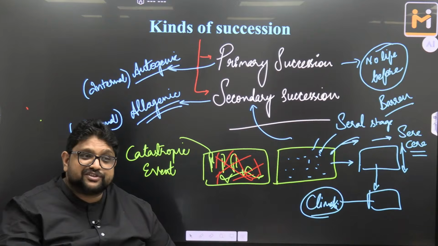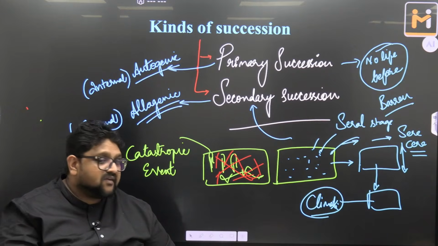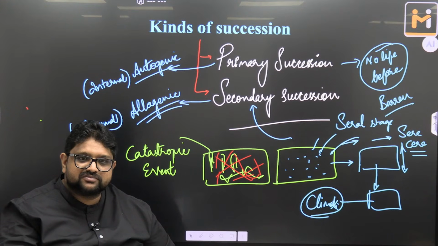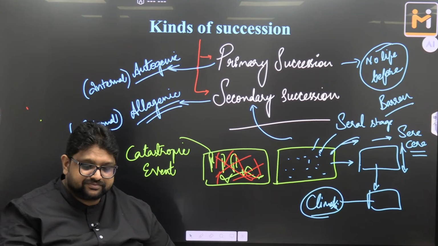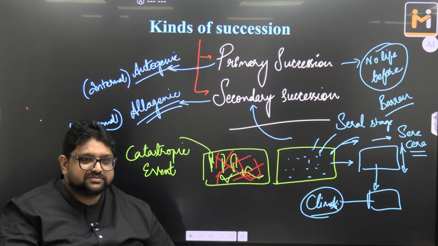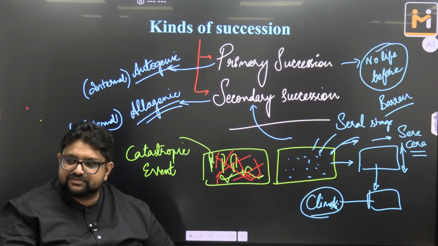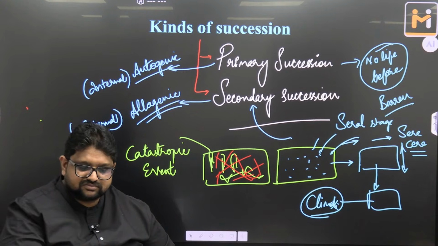The first species to appear are called pioneer species. Example, lichens and mosses. What will you write about lichens?